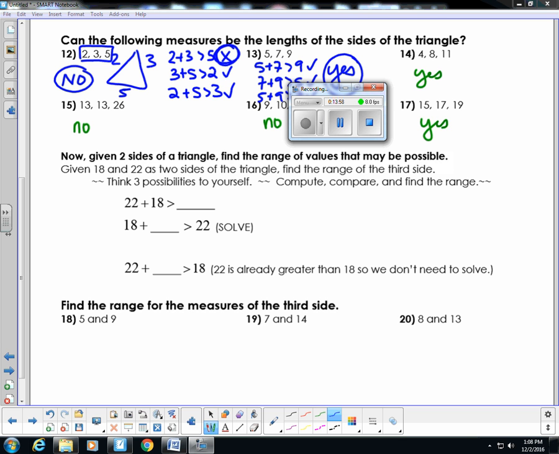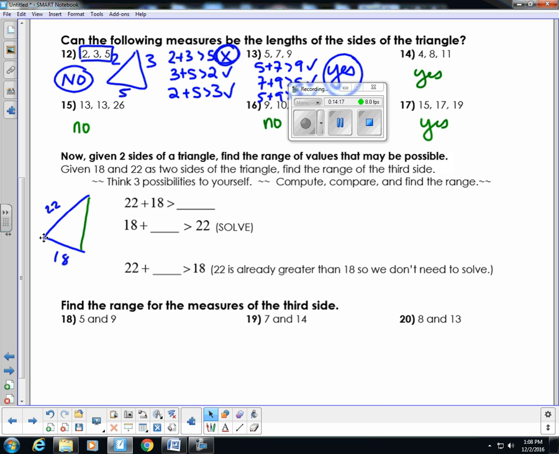So in this case, we're given the fact that we've got two sides. They've got the lengths of 22 and 18. Now, we could have a range of values that this green side could be, right? We do. Because we could take the side, let's say that's equal to 22.